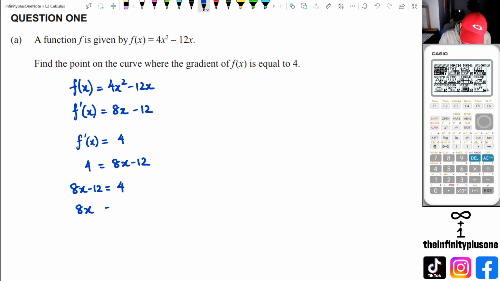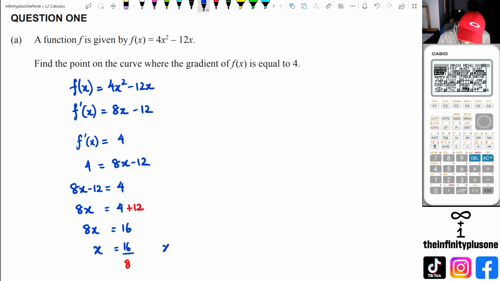8x is equal to 4, and bringing the minus 12 across becomes plus 12. So I'm going to get 8x is equal to 16, and then x is equal to 16 over 8, which gives me x equals 2. But I actually need to find the point, so I need to find the y value as well. So to do that, I'm going to go back to f of x.